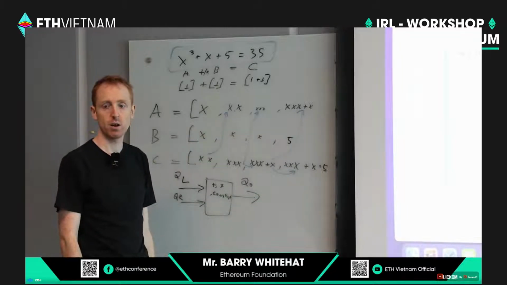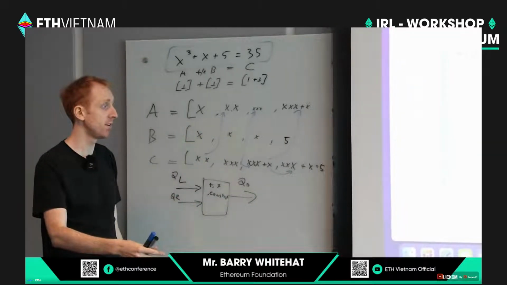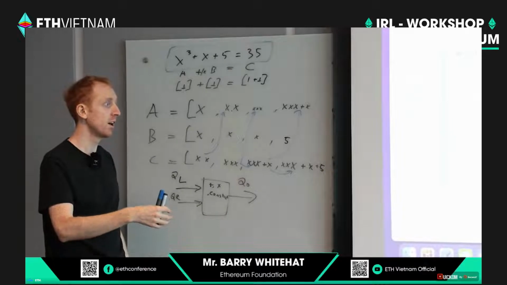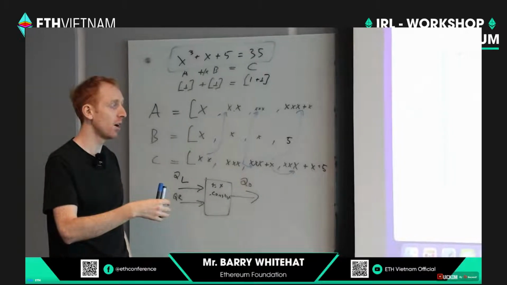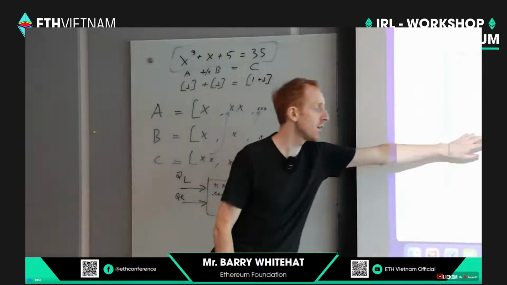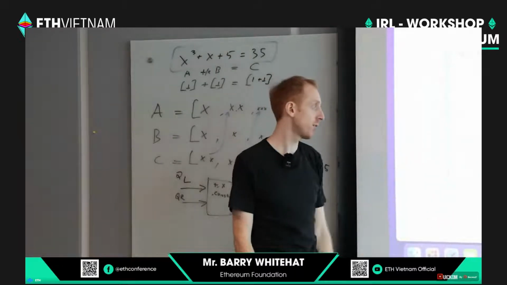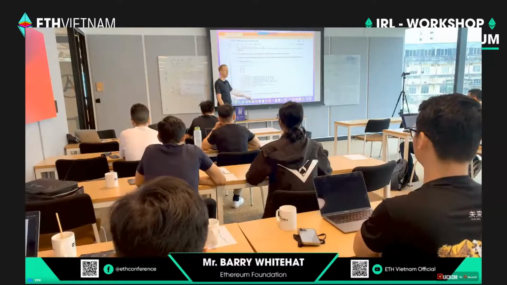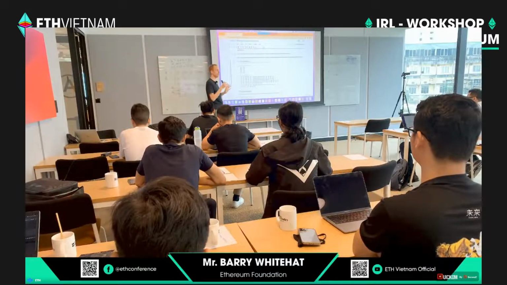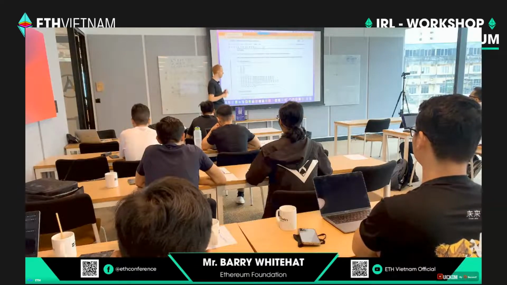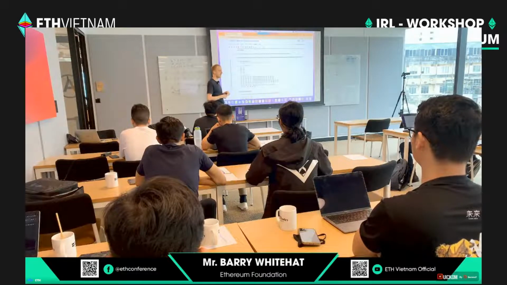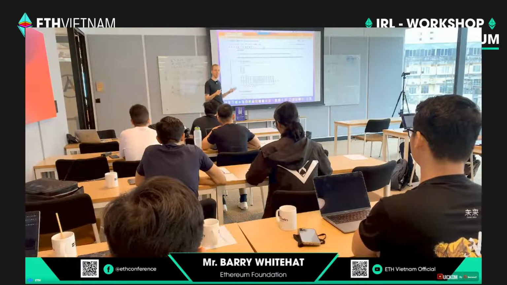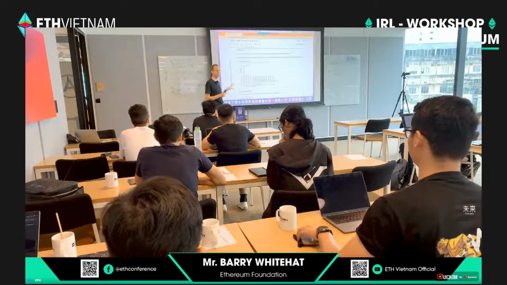We have to say that 5 equals 5. Then we do an addition, then we do another constant where 35 equals 35, and then we do the final one where 35 equals x cubed plus x plus 5. Okay. This is how we define our proof.